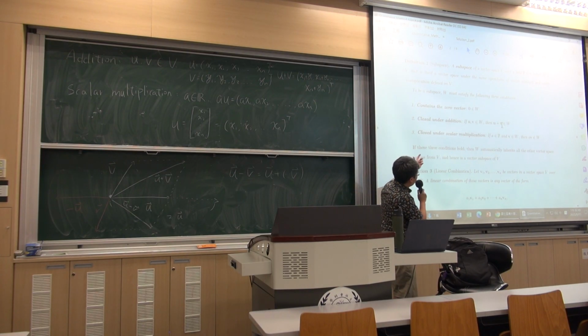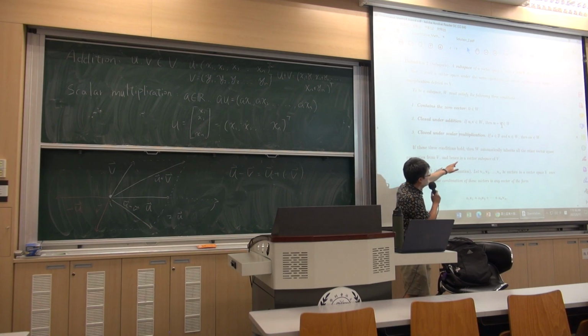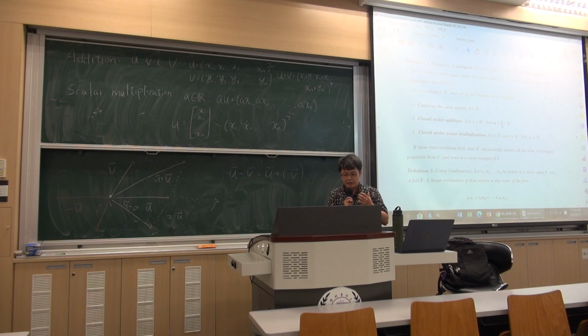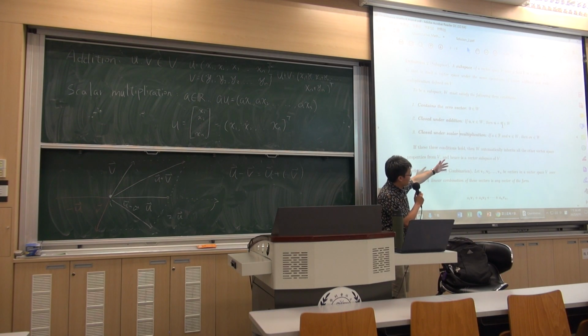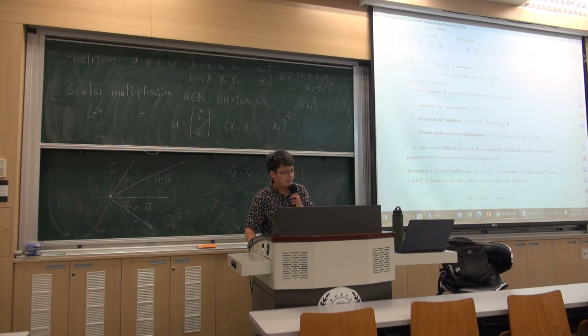And it is the same under scalar multiplication, meaning that if I give you any vector in W, no matter which number you multiply it by, you will always get another vector that is in that subspace. Okay, so that is the definition of a subspace.